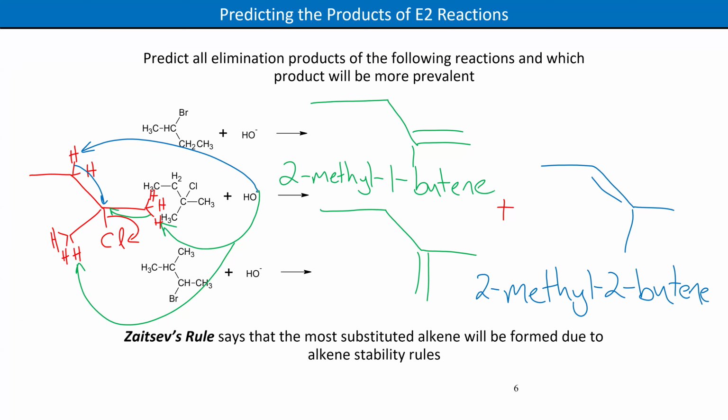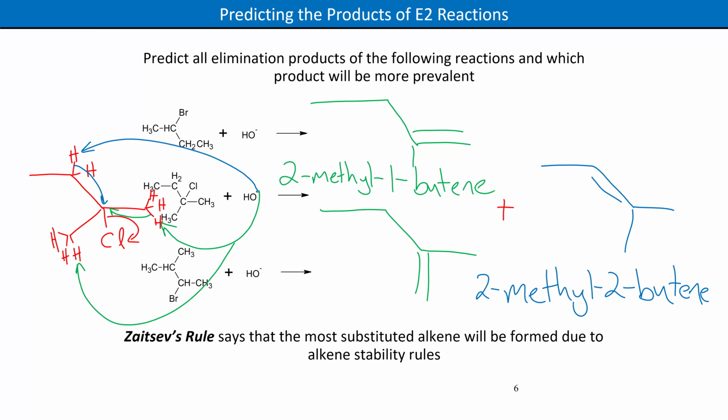Then what about our R and S thing? Do we need an E or a Z on either of these? No. Why not? Because those two are the same, they're not different.